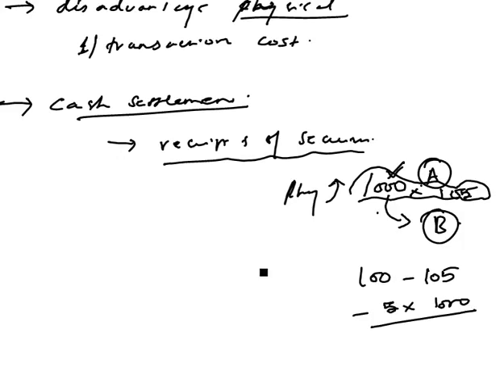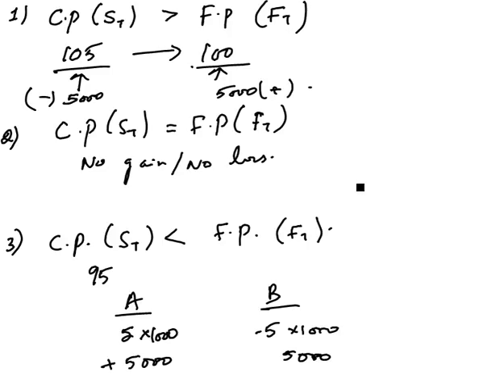So each party either receives cash equal to the net loss or net profit arising out of their respective position in the contract. In scenario one, the person holding the short position will incur a loss of 5,000 on the expiry date, and the other guy will gain a profit of 5,000.